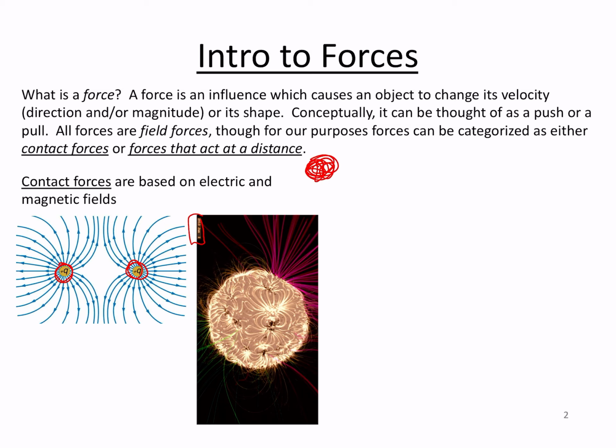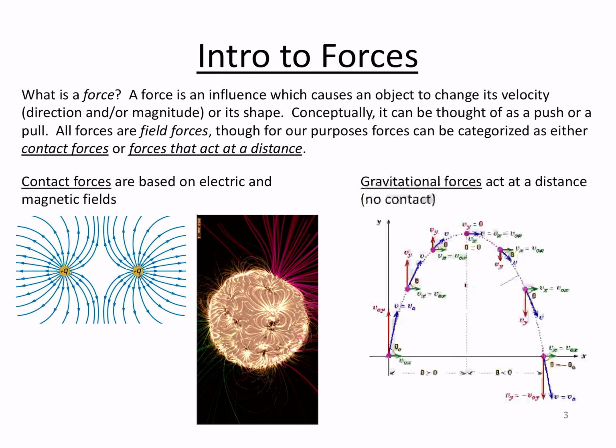So contact forces require us to actually be in contact with the object, which means that since gravity is our only force at a distance that we're considering, if you aren't in contact with something, whether it's the air, if we start talking about drag with our projectiles, or the ground, or somebody's hand, then you're not going to feel that force.